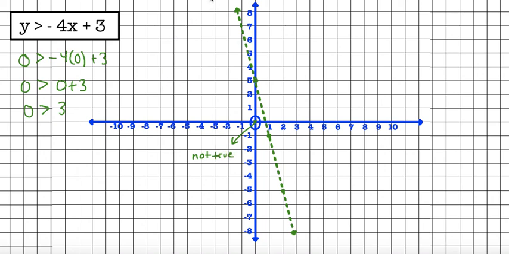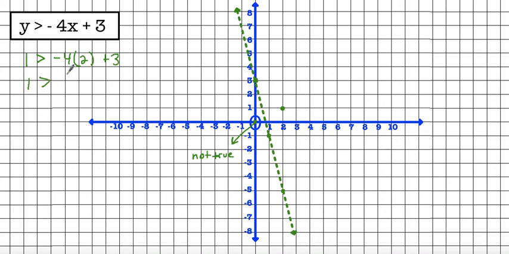So we're going to pick another coordinate on the other side. I'm going to just pick the coordinate 2, 1. So here the y value is 1, so 1 is greater than negative 4 times 2 plus 3.